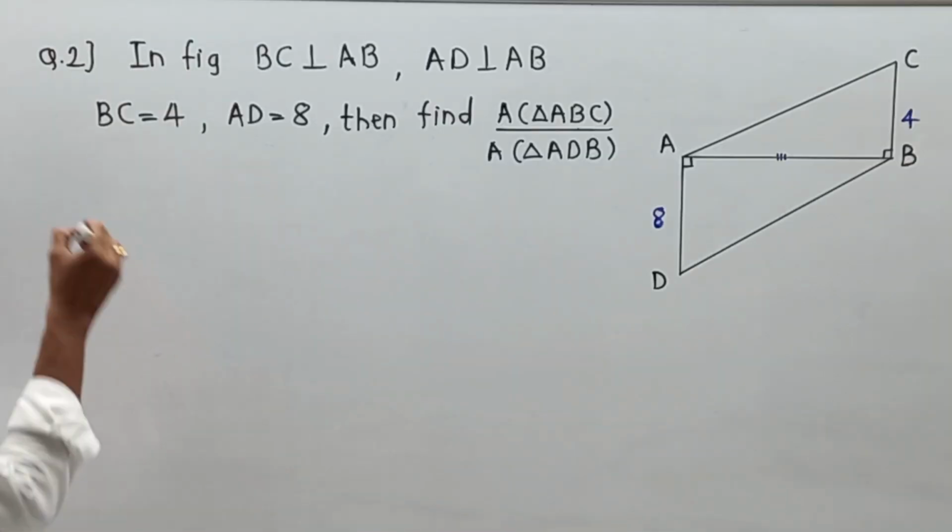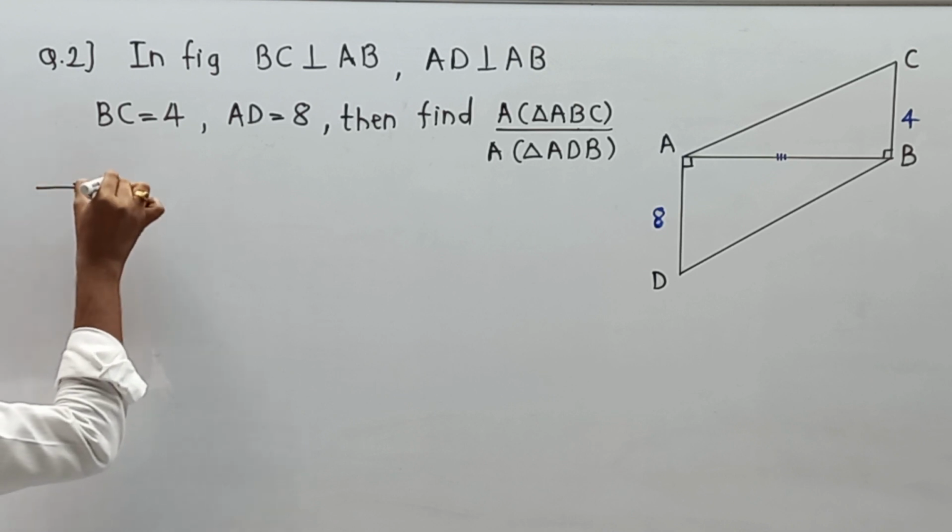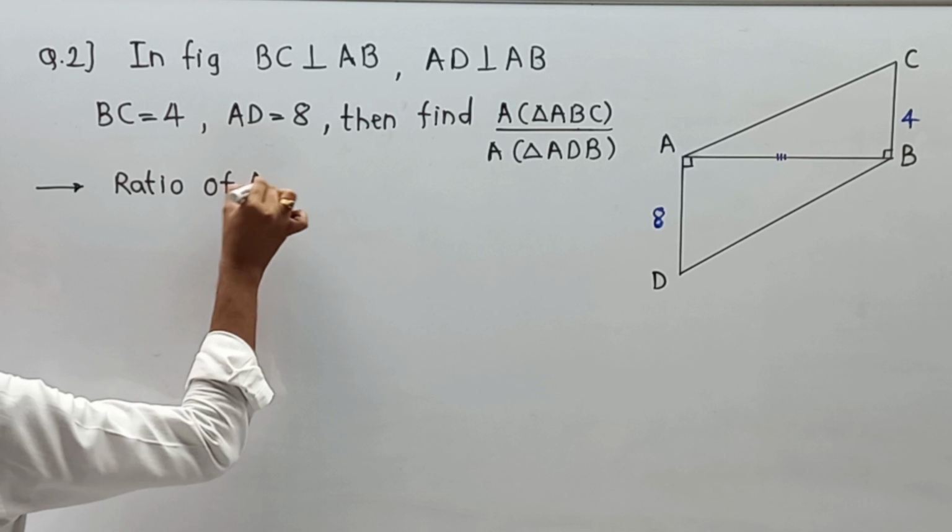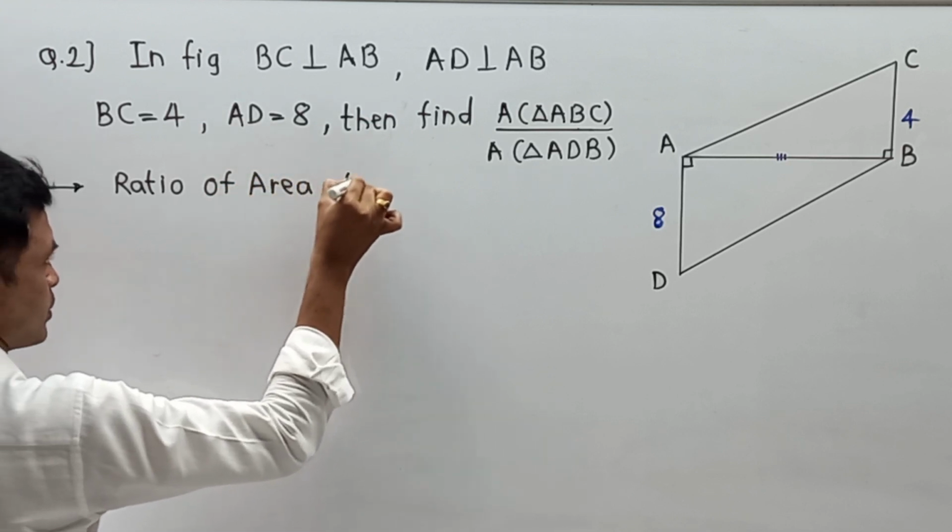So, your first part: ratio of areas of two triangles.